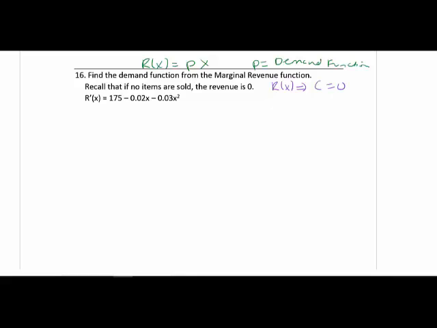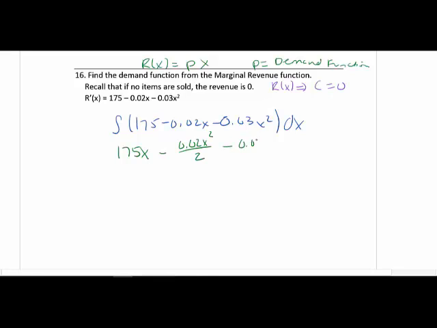The first thing we got to do is take the integral of our revenue function with respect to x. With a constant, remember we add the x. Add 1 to the exponent, divide by the new exponent, remember the plus c.